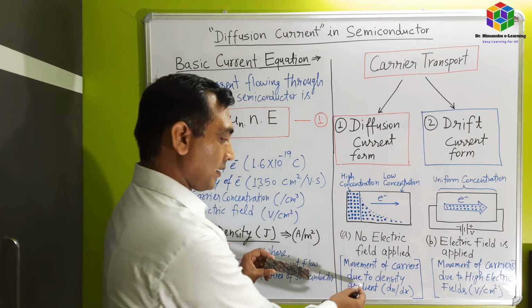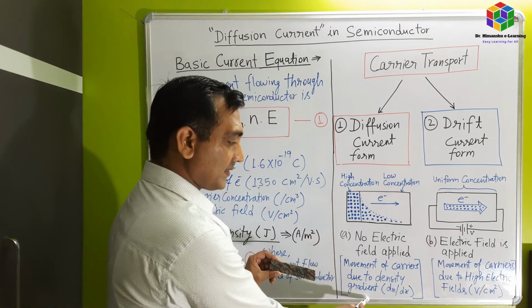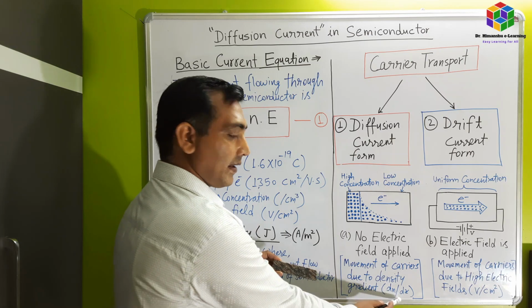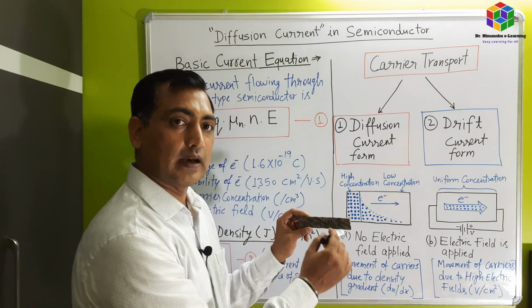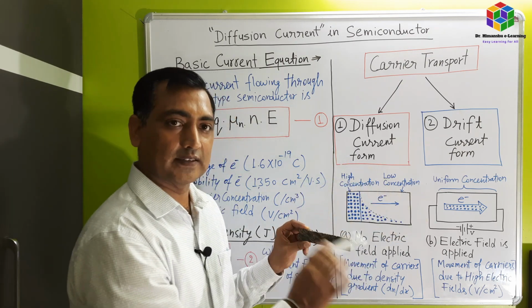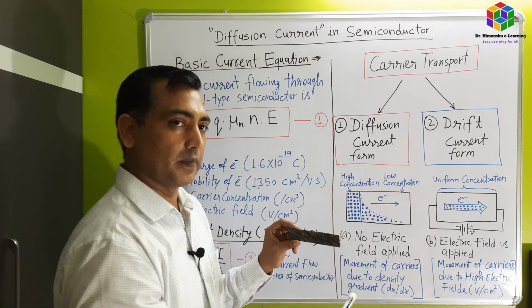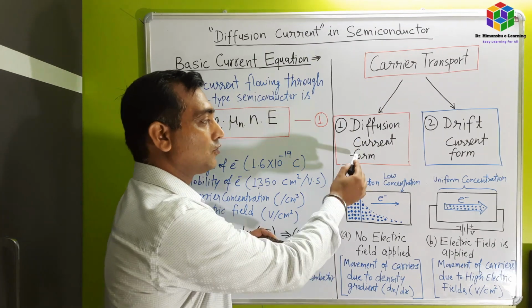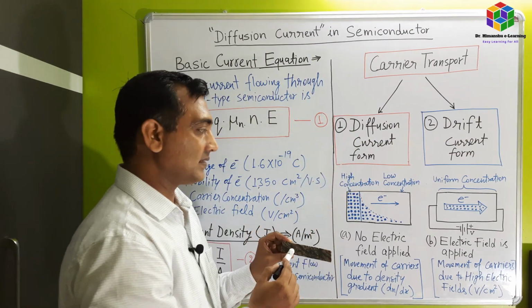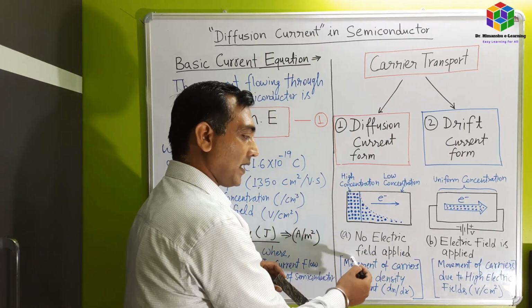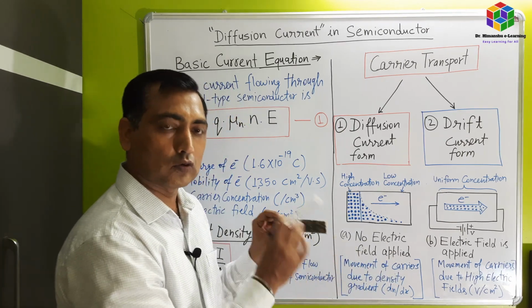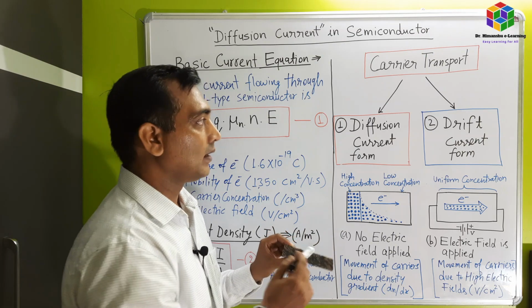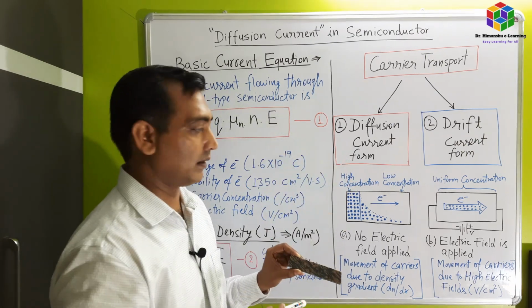Due to the concentration gradient or density gradient dN by dx, the carriers will automatically start flowing to the lower concentration region after some time. So this is a natural phenomenon, and this is known as diffusion current. It means when no external bias or no electric field is applied, then the flow of electrons through the piece of semiconductor is known as diffusion current.